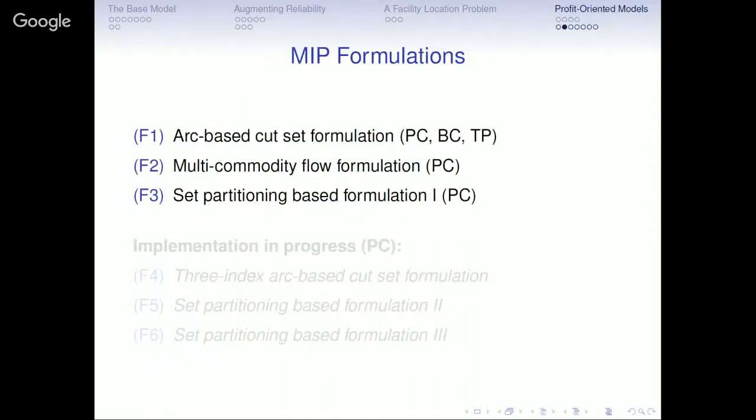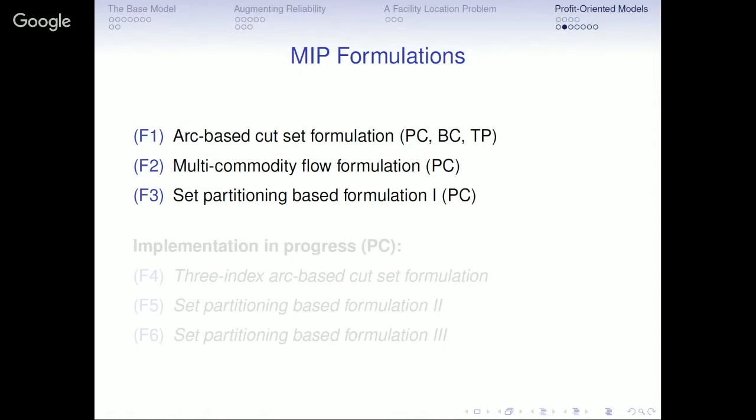And then we did the exact formulations. It is together with Roberto Baldacci and Edna Hoshino that we're working on a couple of different formulations. What we want to do is for this version really try to find out how strong these formulations are. And we started with the arc-based cut set formulation, which is basically derived from the initial formulation that I set up for the capacitated ring tree problem.